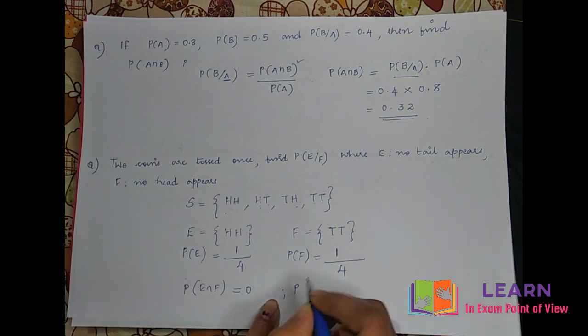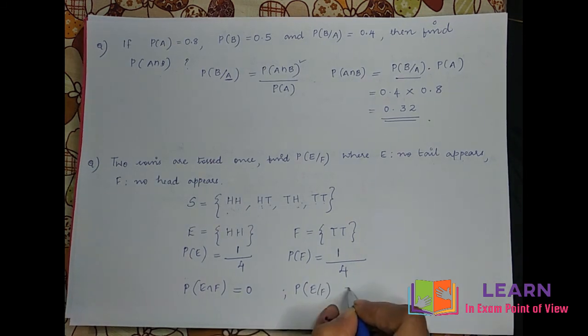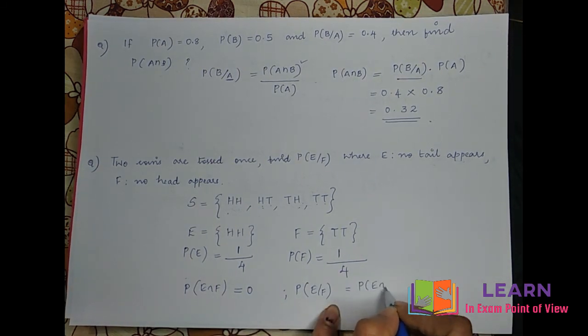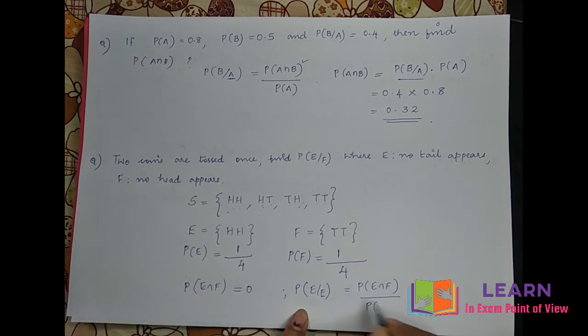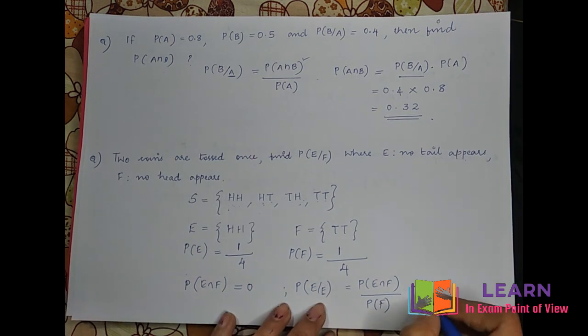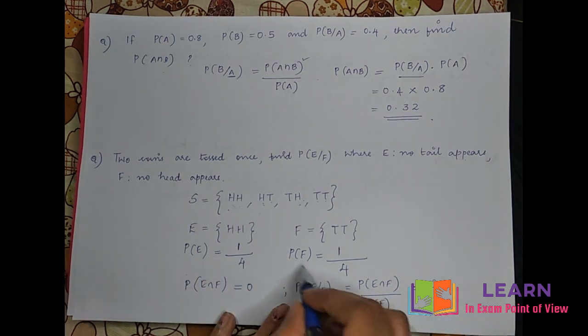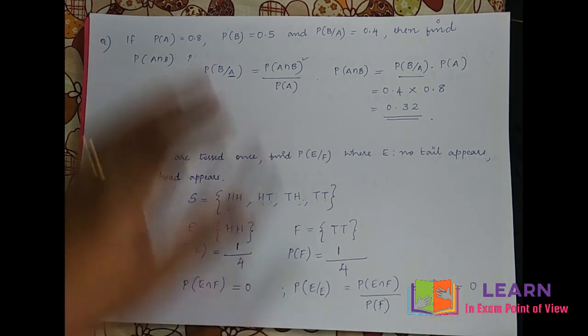Then what we need to find is P of E given F, that is P of E intersection F divided by P of F. E intersection F is already 0, P of F is 1 by 4, but the answer will be 0, right?